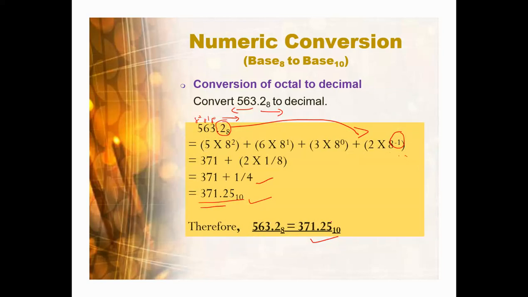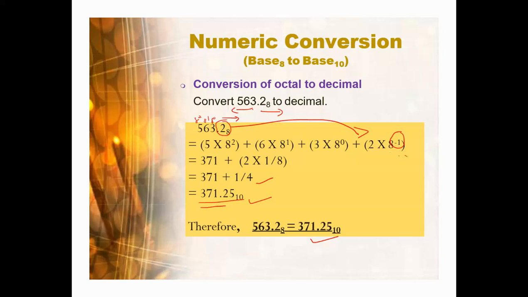Now that is how you convert octal to decimal for integers. How about the floating numbers, octal with a point to decimal?